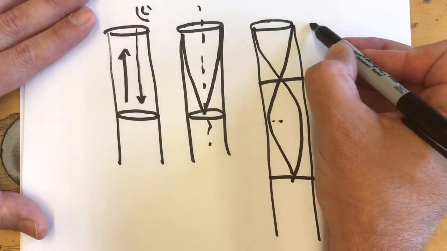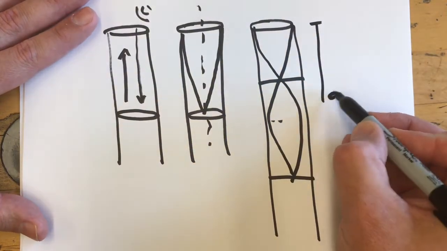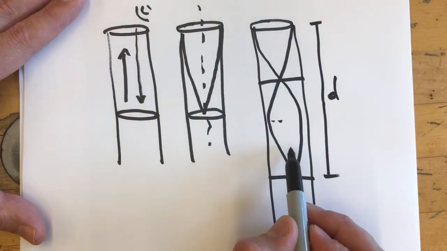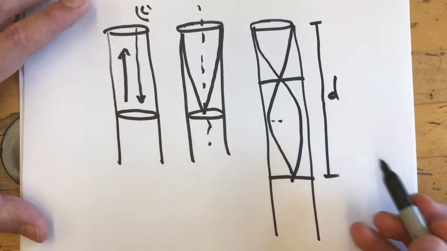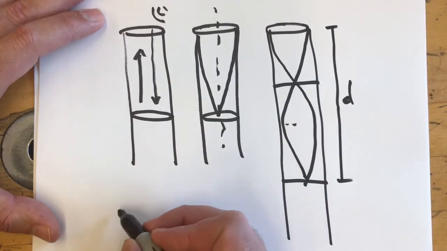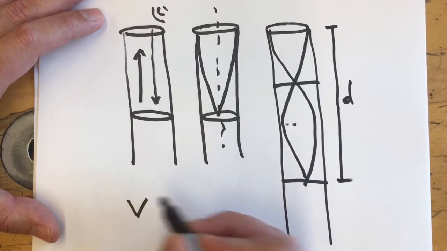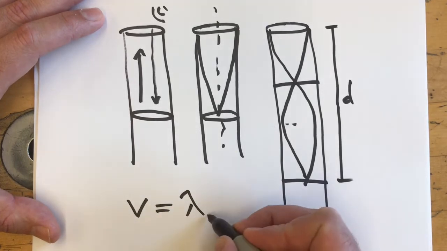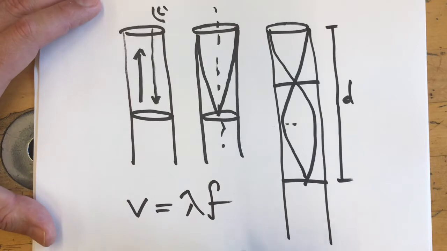And by measuring the distance here, if we know how many waves are in there and the distance, then we can figure out the wavelength. And if we know the frequency, we can use the relationship that v for sound is equal to the wavelength times the frequency. So if we know two of these things, we can figure out the other one.